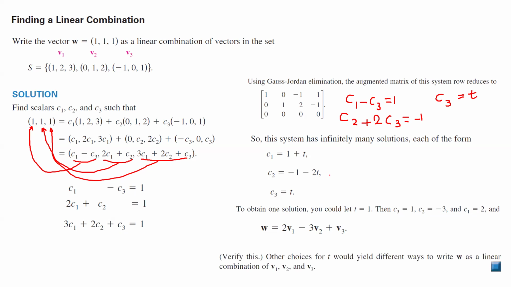Other choices for T would yield different ways to rewrite W as a linear combination of V1, V2, and V3. So basically, you can write W as a linear combination of these 3 vectors here, and you have different choices.